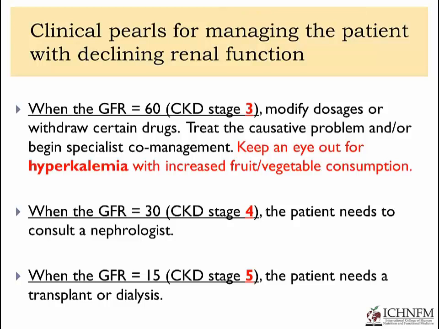So here are my summaries of clinical pearls for managing the patient with declining renal function. When the GFR is below 60, we call this CKD, or chronic kidney disease stage 3. We have to modify doses or withdraw certain drugs. The goal here, of course, would be to treat the causative problem and or begin specialist co-management.